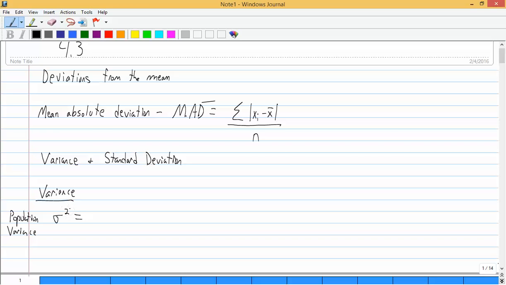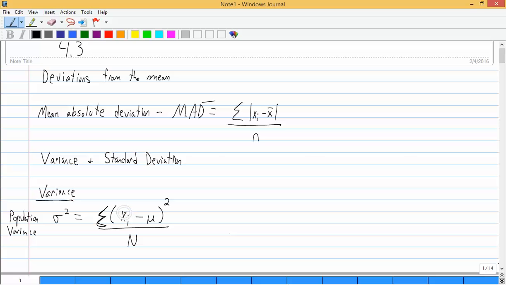is sigma squared, and that's equal to the sum of (x sub i minus mu) squared, all over capital N. Alright, so x sub i is just every x value.